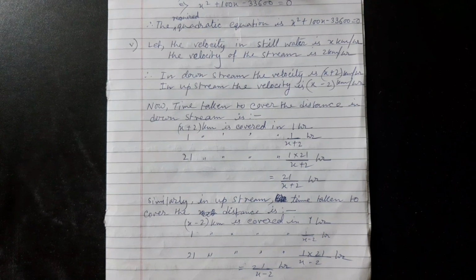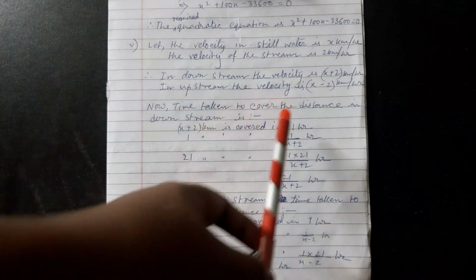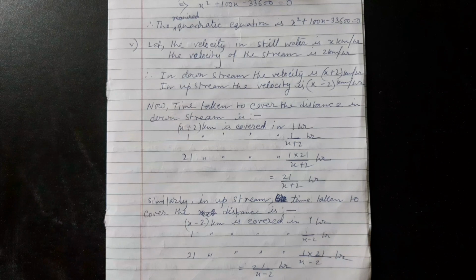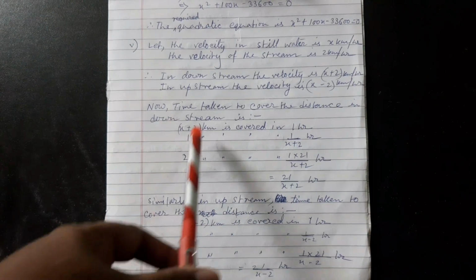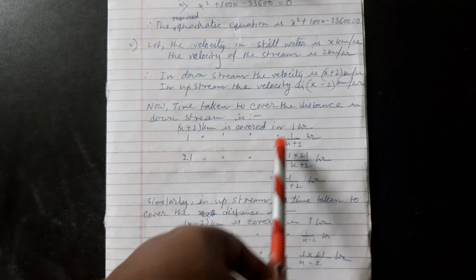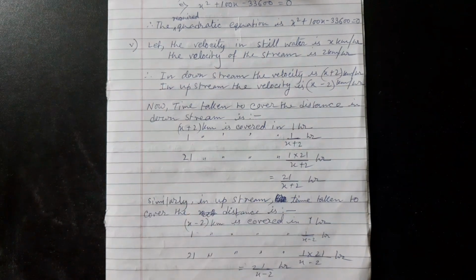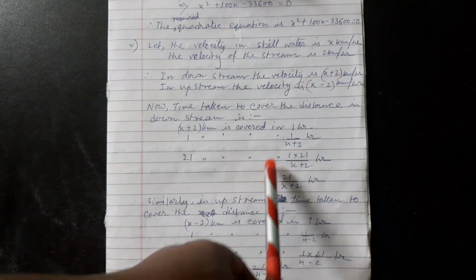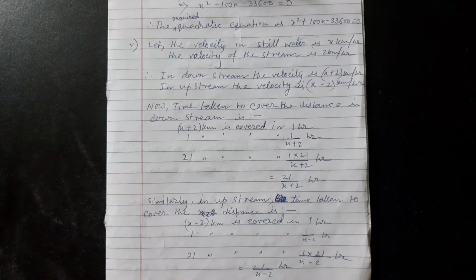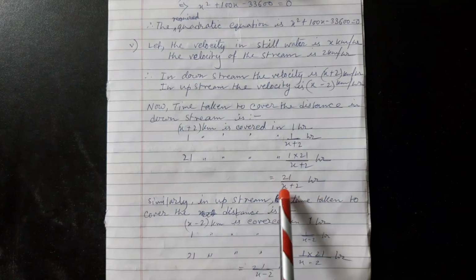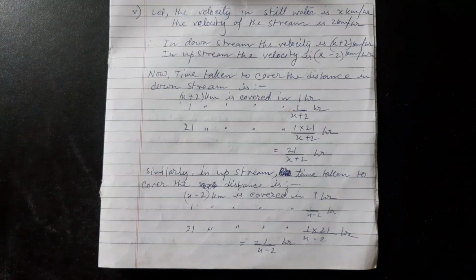Now, the time taken to cover the distance in downstream, we use the unitary method here, that is x plus 2 km is covered in 1 hour, then 1 km is covered in 1 by x plus 2 hour, and 21 km is covered in 1 by x plus 2 into 21 hour, that is 21 divided by x plus 2 hour.